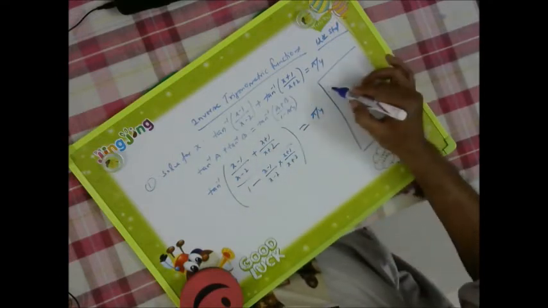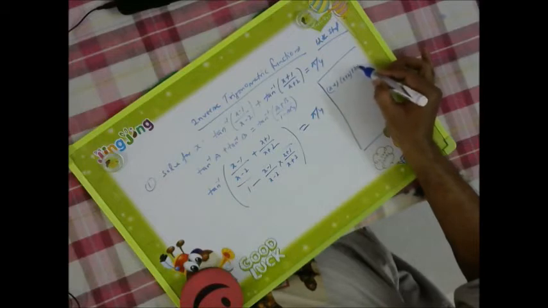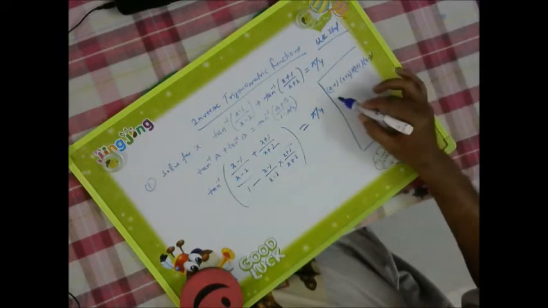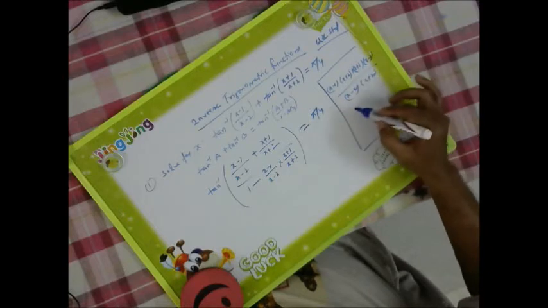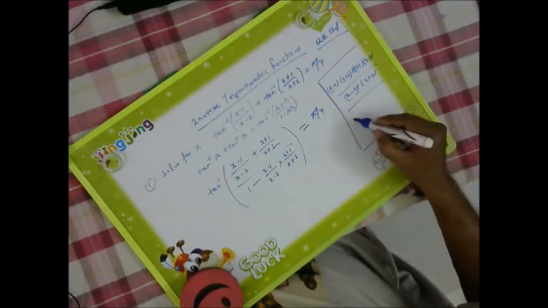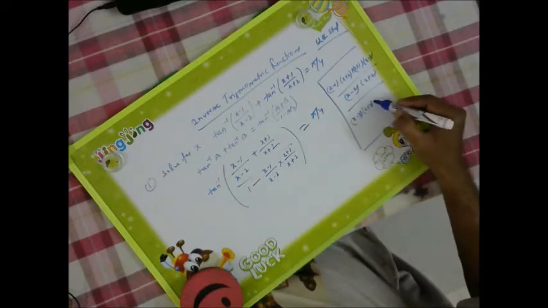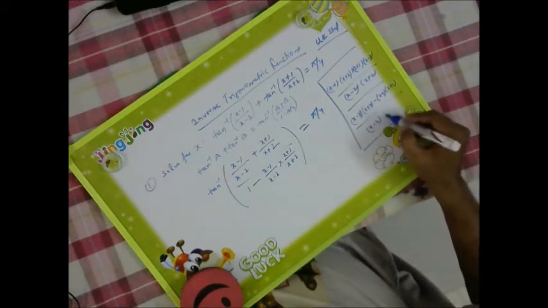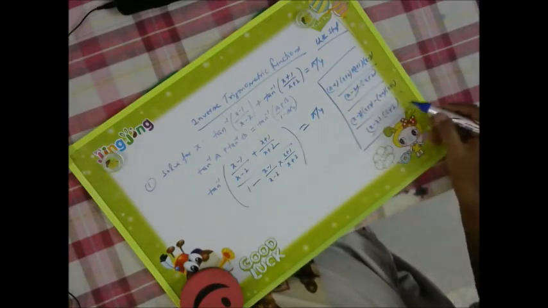If we take LCM, it becomes (x minus 1) into (x plus 2) plus (x plus 1) into (x minus 2), divided by (x minus 2) into (x plus 2), again divided by (x minus 2) into (x plus 2), minus (x minus 1) into (x plus 1), divided by (x minus 2) into (x plus 2). The denominator parts are the same, so they will get cancelled.